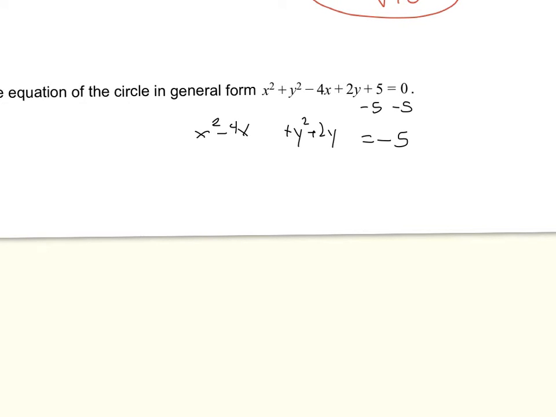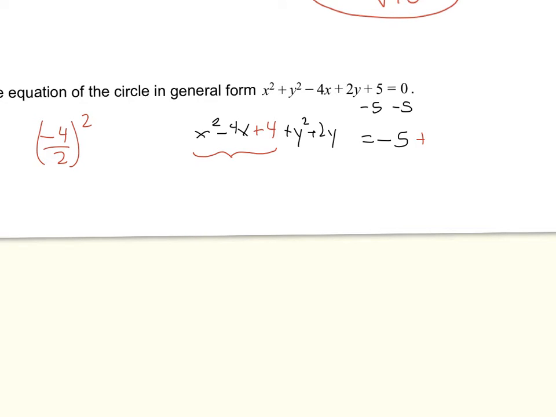So if I look at the x's, I look at the middle term, which is negative 4x. If I take half of negative 4, I get negative 2, and if I square that, I get 4. So I'm taking negative 4, splitting it in half, and squaring it. So it gives me negative 2 squared, which is 4.